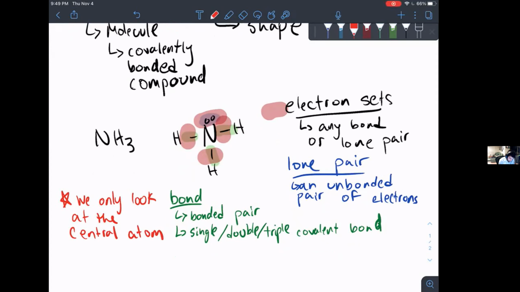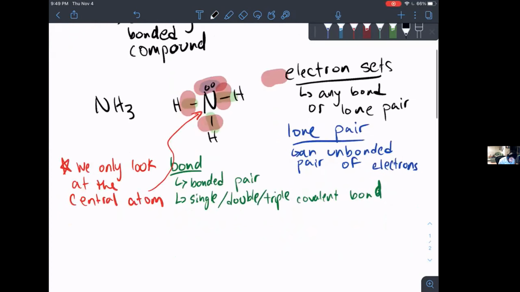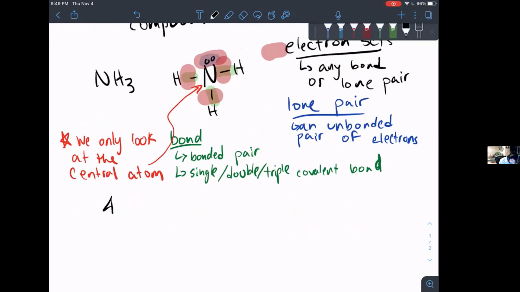In this case, our central atom is going to be nitrogen. So nitrogen here, in this example, we have 4 sets, 1 lone pair, and 3 bonds.